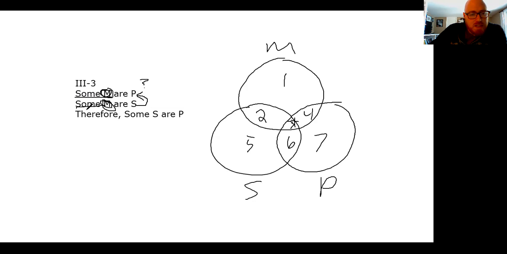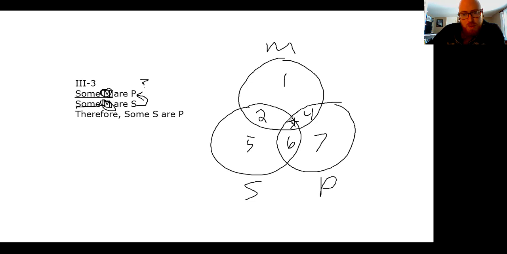Now, since this just says there is at least one M which is also an S, anything in region 2 is both M and S. Likewise, anything in region 3 is both M and S. So if I put my X in region 2, I'm saying it's an M, it's an S, but it's not a P. But there's nothing in this premise which says whether it's a P or not.